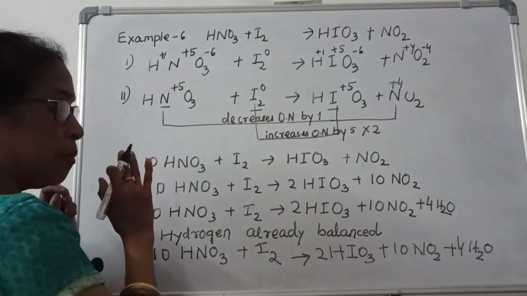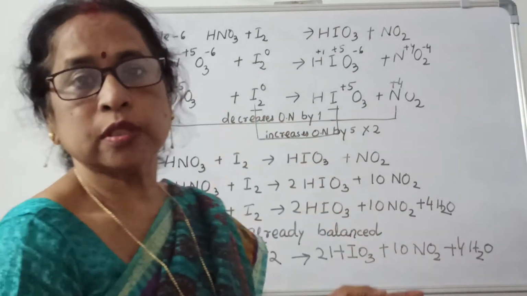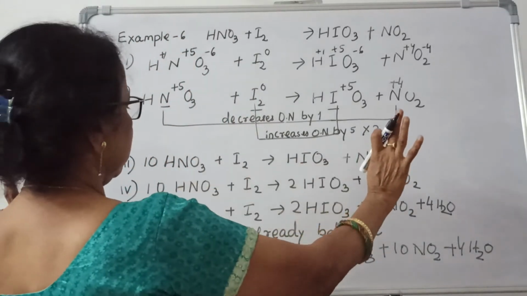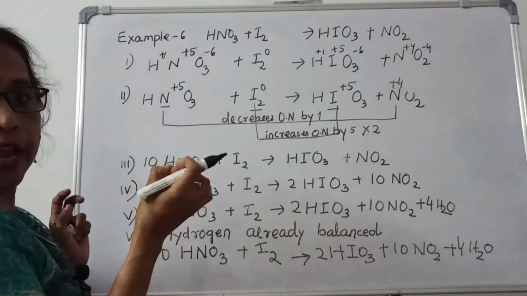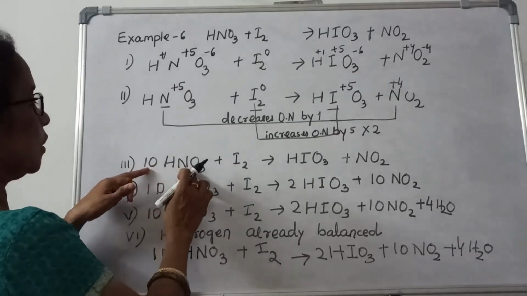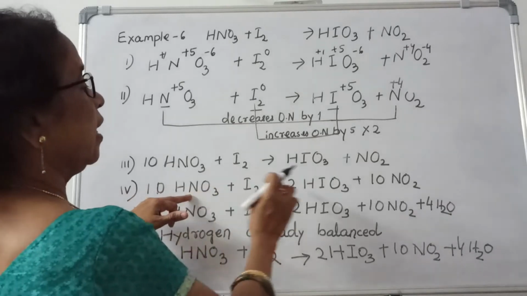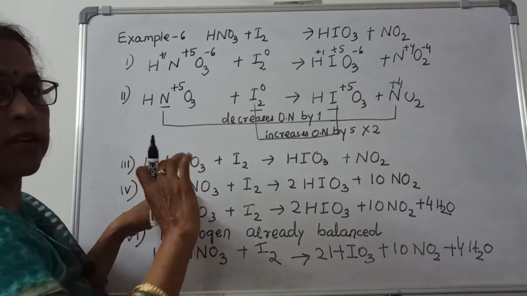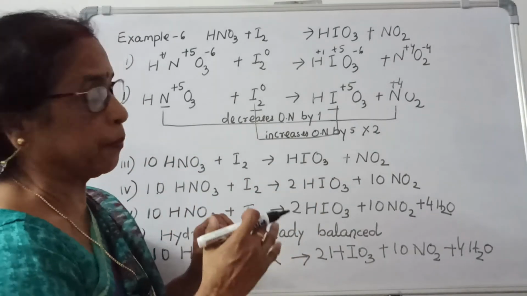Then we will make balance on both sides except oxygen. Now see, you leave oxygen, you forget about oxygen, what is remaining? N and I, nitrogen and iodine. Already here 10 HNO3, that means 10 N. That is why here multiplied by 10 NO2, that means nitrogen is balanced, and what is remaining? I, iodine.